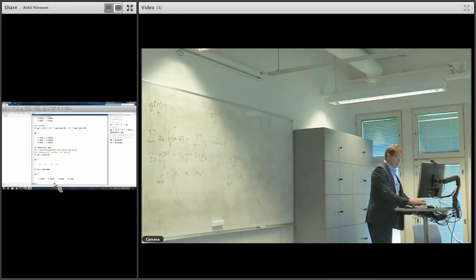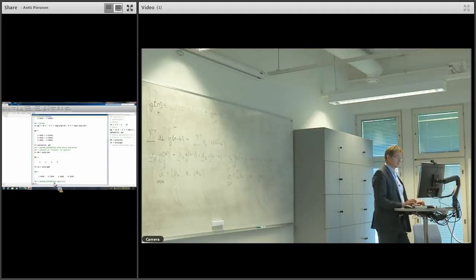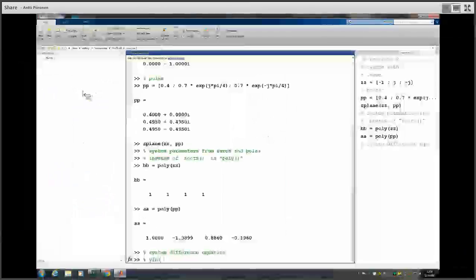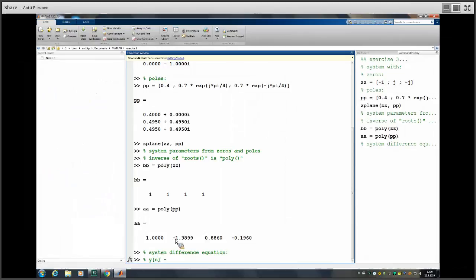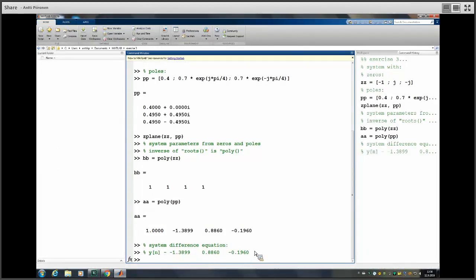So actually then the system difference equation would be, I'll just comment this one. So those are the parameters for forward. So we have y of n minus this, that, and that.